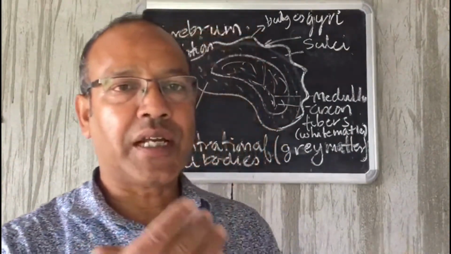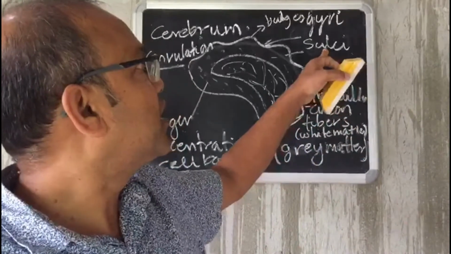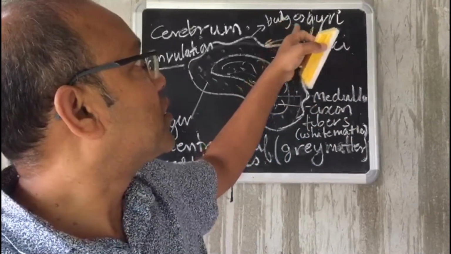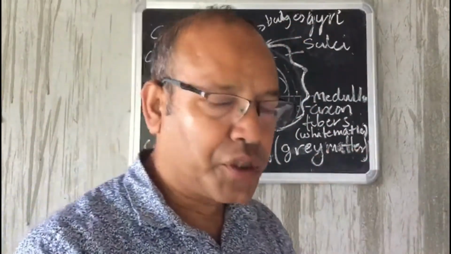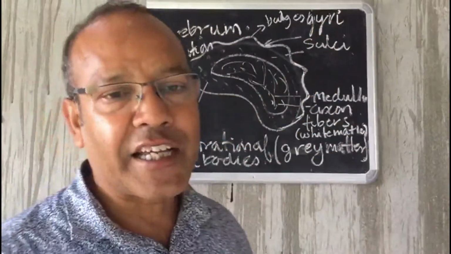The fissures that form are known as the sulci, and the bulges that protrude outside are called the gyri.